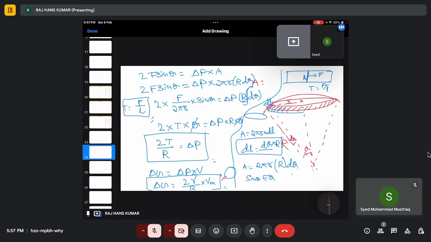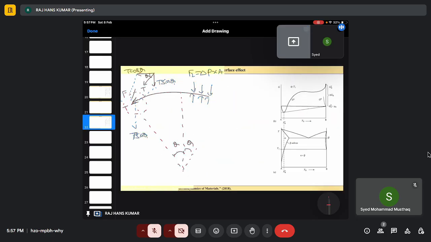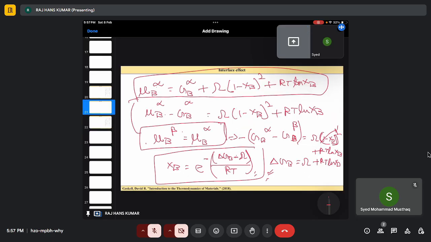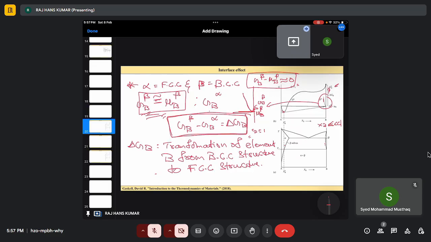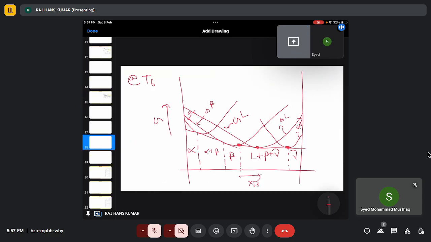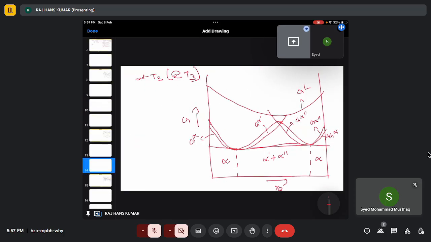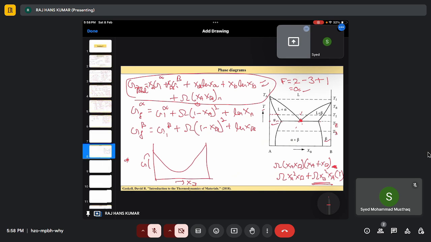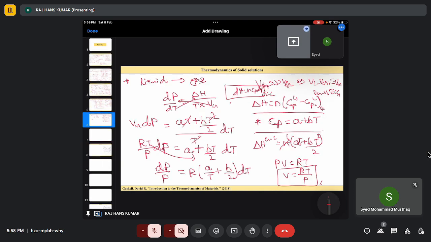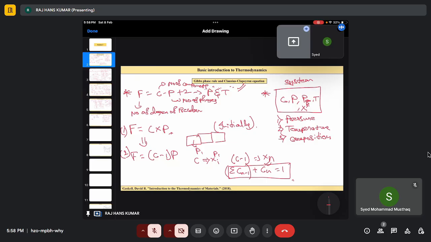So this is about that, and then we derived how the composition will change with temperature, and free energy curves for different invariant reactions, right? Then we derived the Clausius-Clapeyron equation, and also gave an example of how to derive the whole equation, and then the Gibbs phase rule. So that's all for today's session.